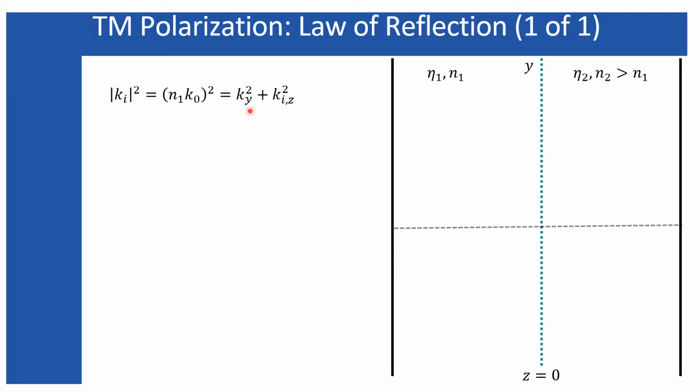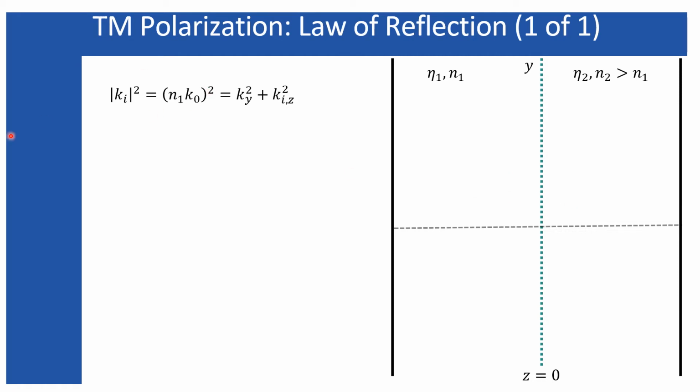I have written this ky without specifying whether it is I, R or T, because ky is a common quantity right now, as we have seen from the boundary condition of the transverse wave vector, that the y components are equal in order to maintain that boundary condition. So I'm assuming that ky is equal for the incident wave, reflected wave, and transmitted wave.